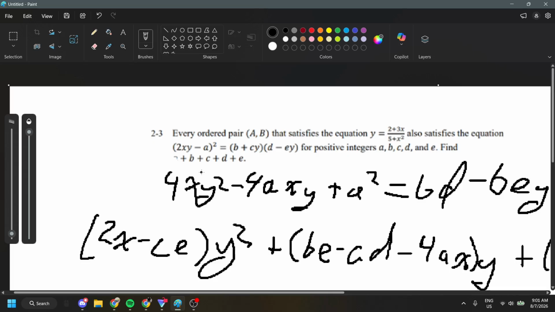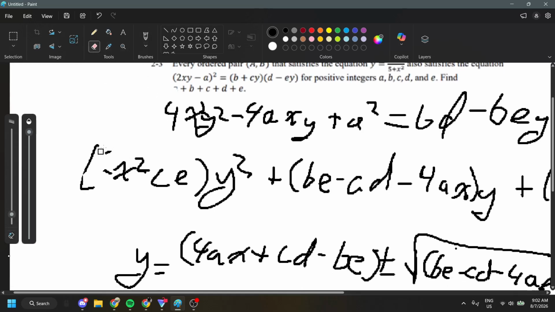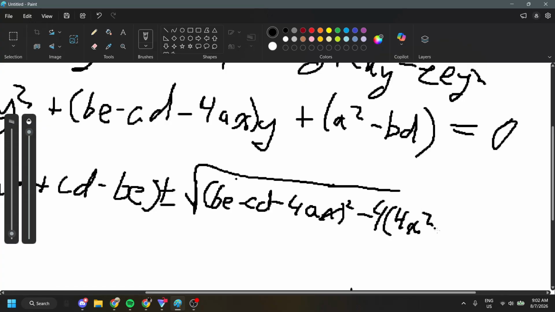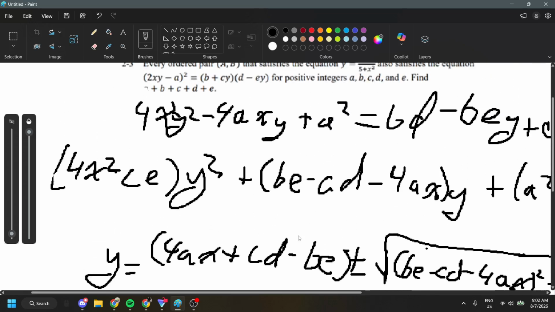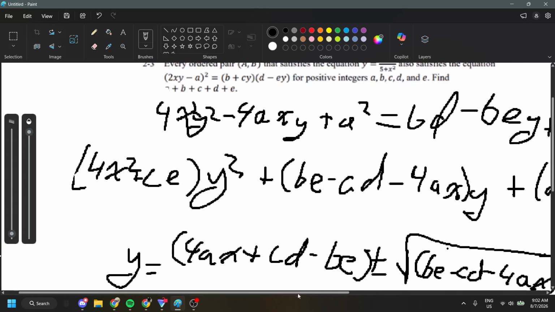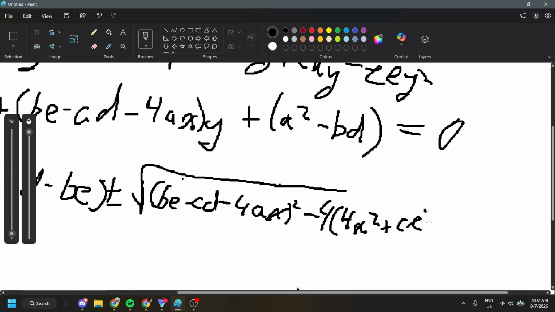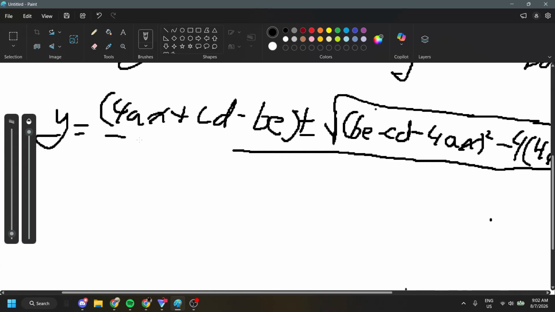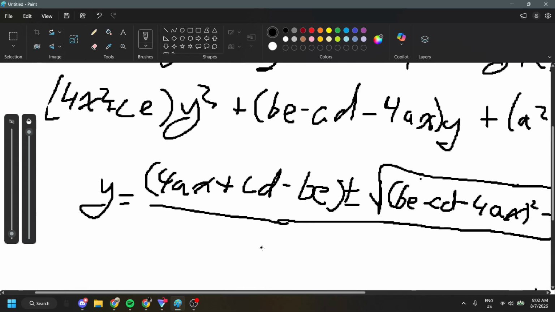This is 4x squared, so this should just be 4, for x squared plus ce, plus ce times a squared minus bd, all over 2 times 4x squared plus ce.